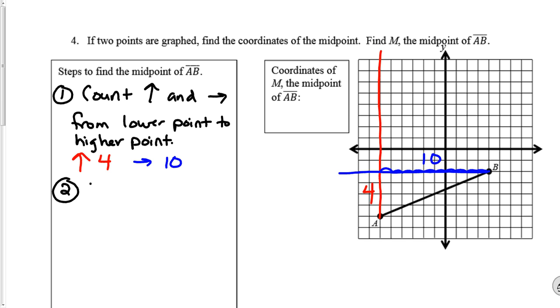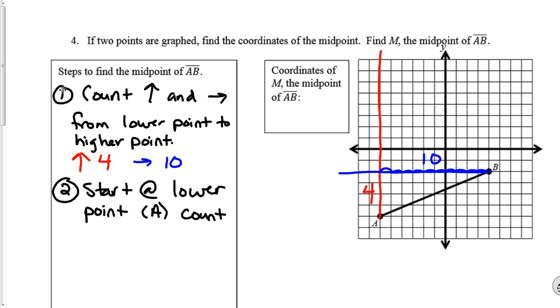I'm going to start at the lower point again. And my lower point, I'm going to go ahead and write down what that is, and that is point A. And I'm going to count up and over, but instead of going up 4 and over 10, I'm going to count up and over half as much. So I'm going to count up half, and I'm going to count over half.